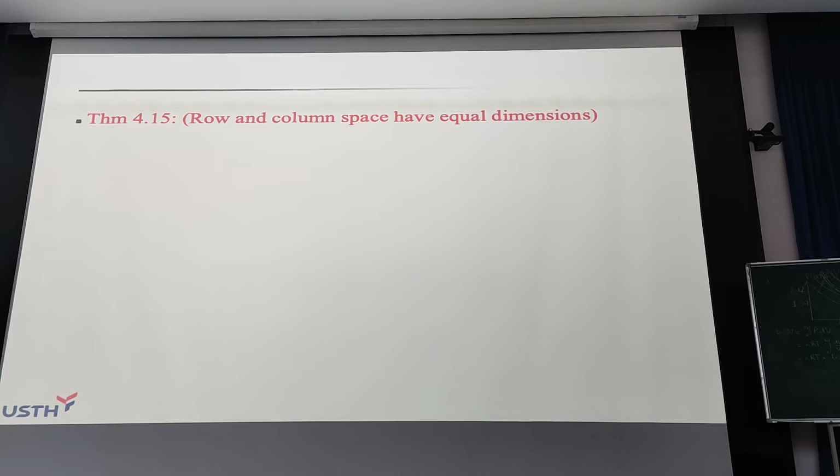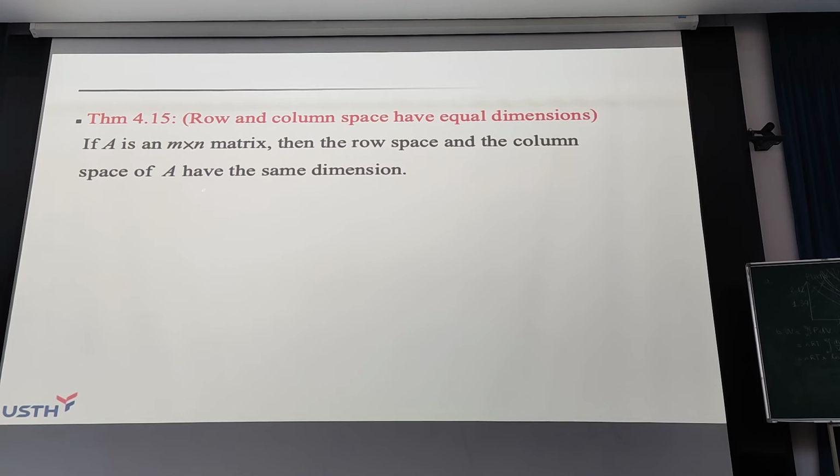The first observation, I say, the row space and column space always have the same dimension. If A is an m by n matrix, we observe that the row space and the column space always have the same dimension.